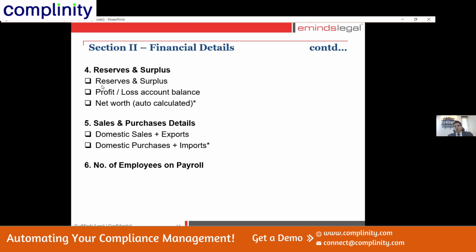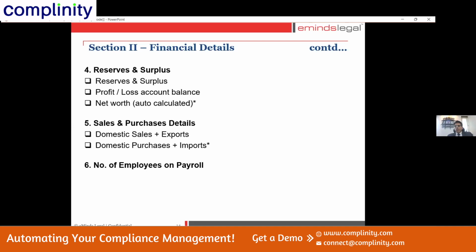The system will auto calculate your net worth, which will be your paid up capital plus reserves and surplus, right? And then it asks about sales and purchase details. Sales means the entire revenue which is coming up in your profit and loss will be considered as sales. This may include other income also, your revenue from operations plus your other income, and divided into domestic as well as export.